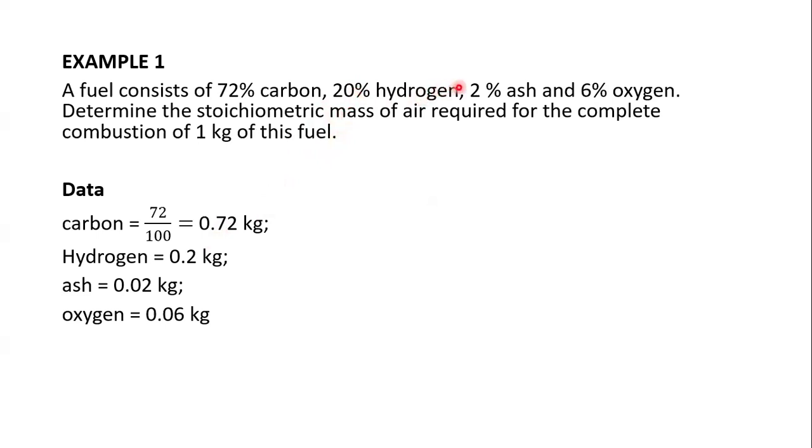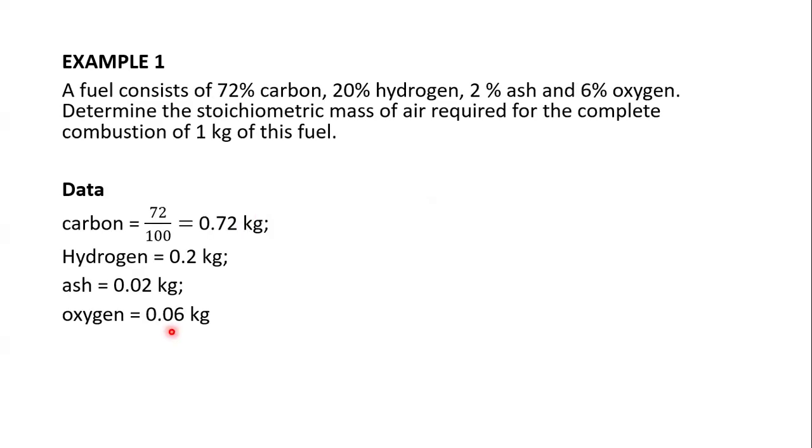And then we have 2 divided by 100, which is 0.02. And 6 over 100 as 6%, which is 0.06. There is also the ash, which is already there. Okay. Now with this in mind, let's see how we can sort them out one by one.